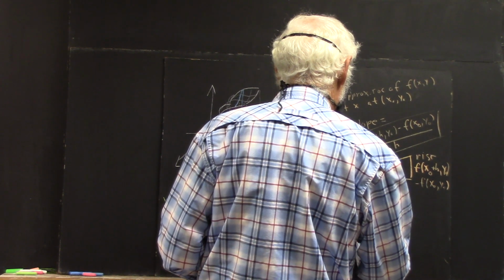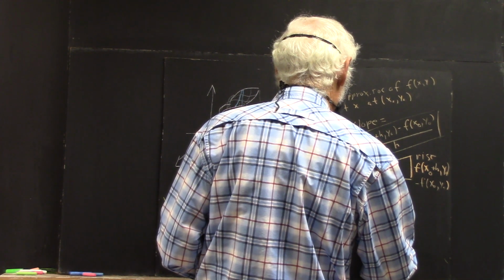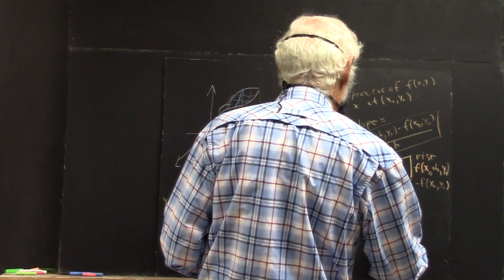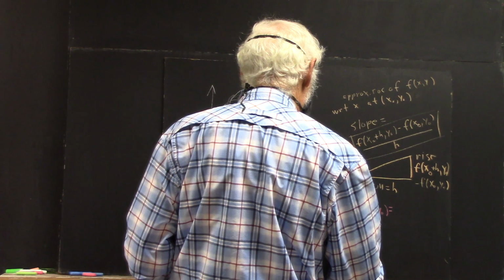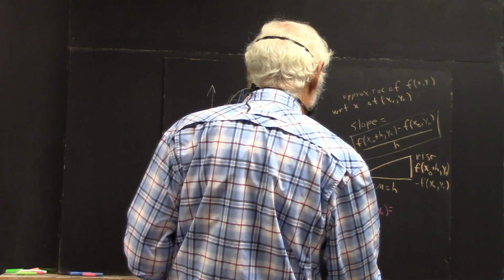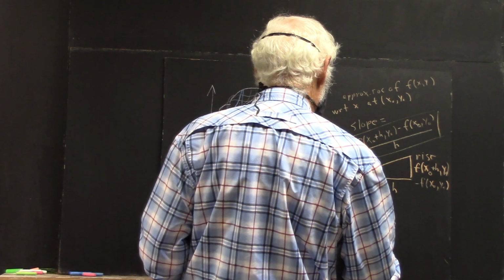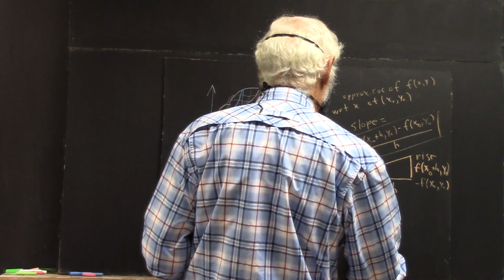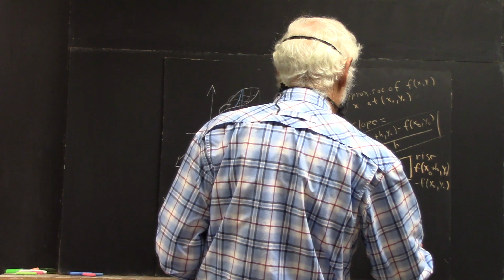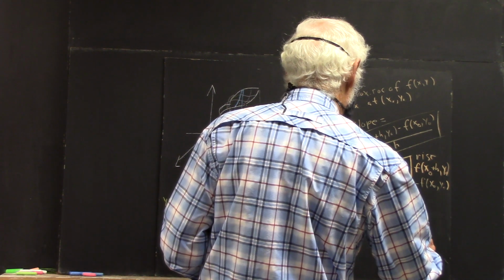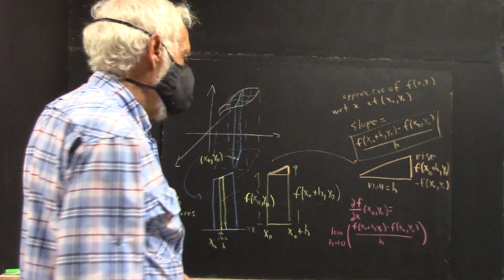Partial derivative of f with respect to x at the point x naught, y naught equals the limit of this as h approaches 0 of f of x naught plus h, y naught minus f of x naught, y naught over h.